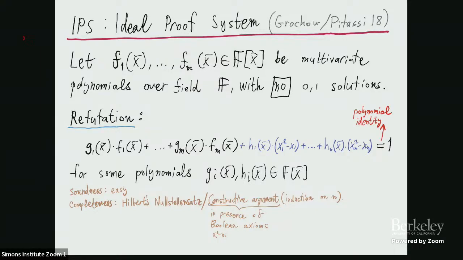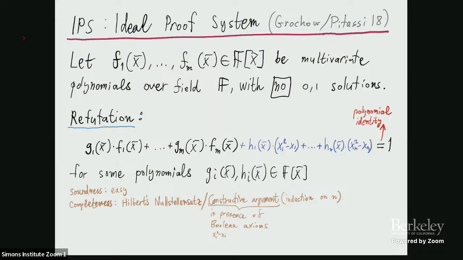So I will also add these, what I call Boolean axioms, x1 squared minus x1, also over 0, 1. It means that every solution should satisfy this one. And I'm going to have this sum. So this sum says, for some polynomials, I just choose the polynomials g1 to gm, I multiply them by the axioms, and then I choose also other polynomials, h1 to hn, and multiply these Boolean axioms.